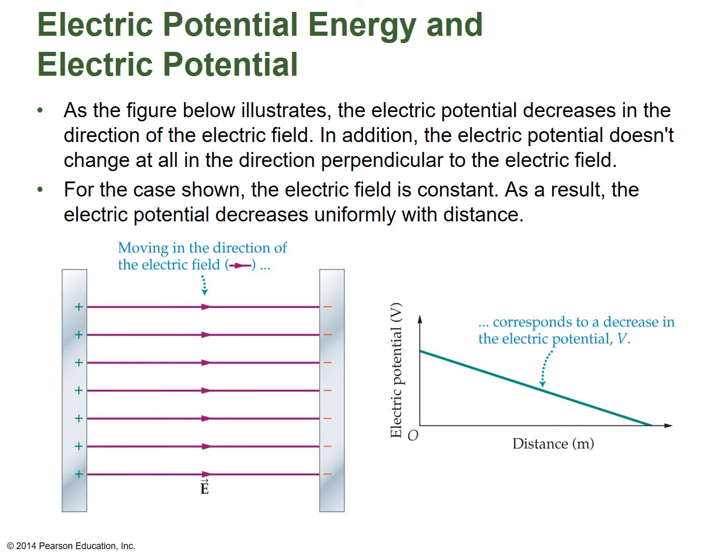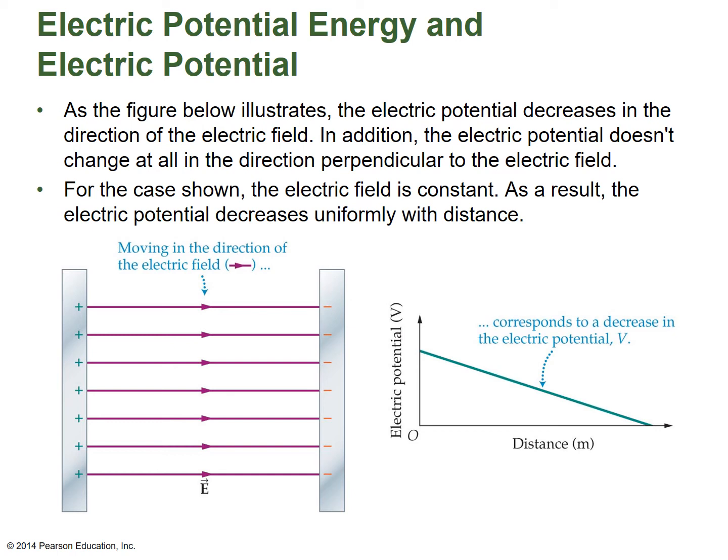I here show a slide that illustrates what happens to the electric potential as a charge Q moves inside a uniform electric field from the positive plate to the negative plate.